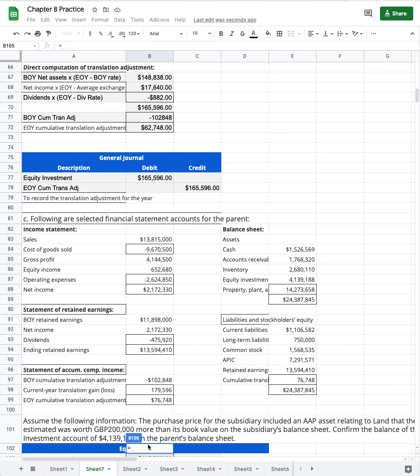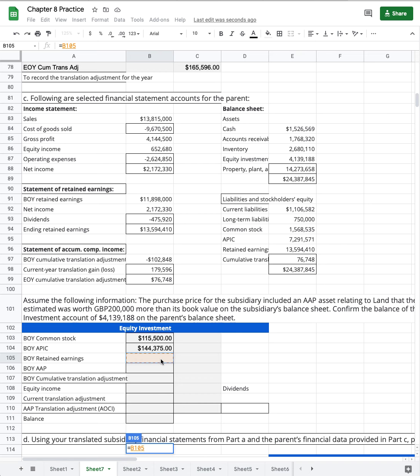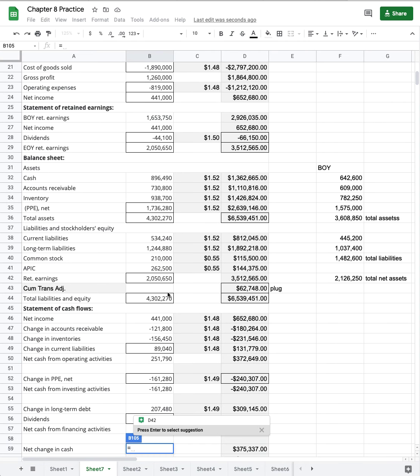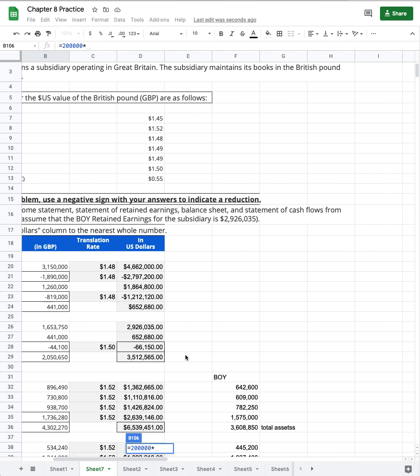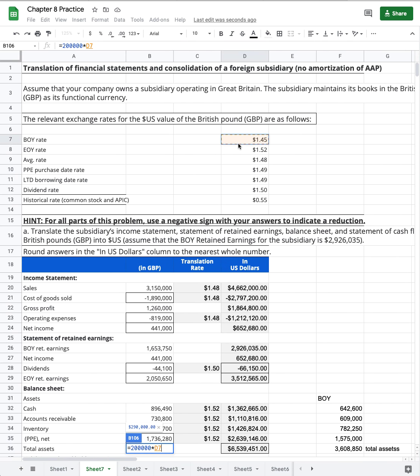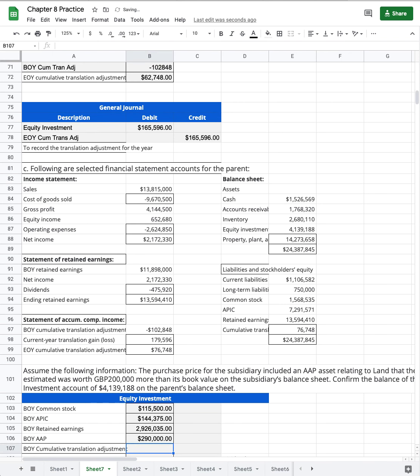Our beginning of year retained earnings, 2,926,035. Then our beginning of year AAP. So we'll take the 200,000, I guess I can just do it right here in the cell, and multiply that by the beginning of year rate to convert it to US dollars for 290.